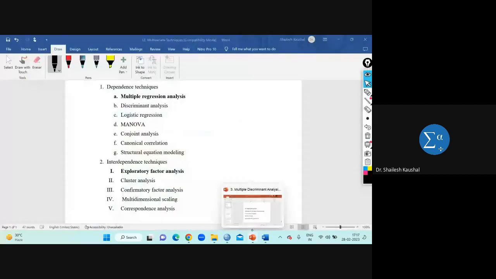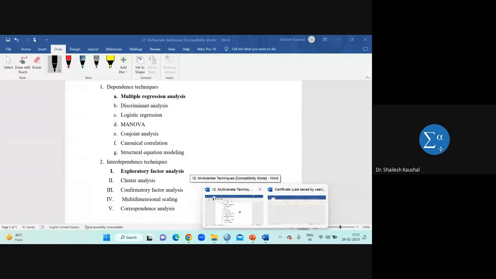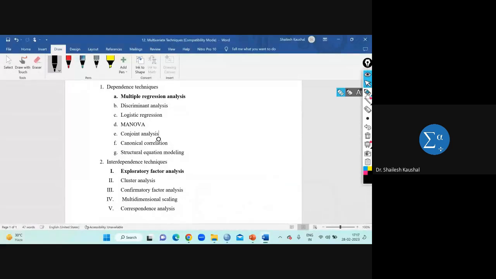Okay, you're absolutely right, Dr. Abhishek. In a dependence technique, we classify dependent and independent variables. In an interdependence technique, we do not classify dependent and independent variables. What does it mean?